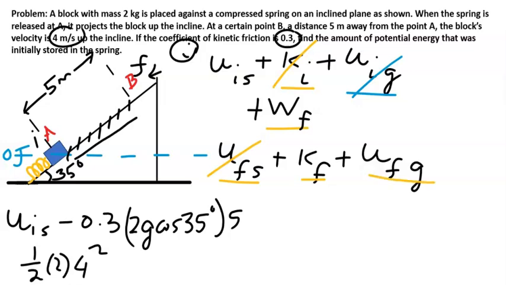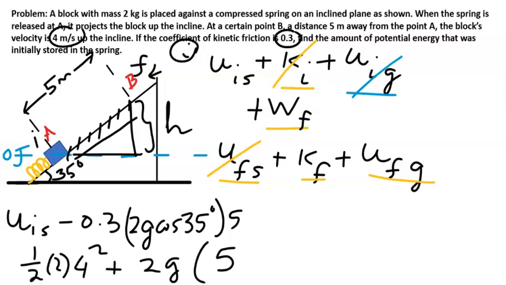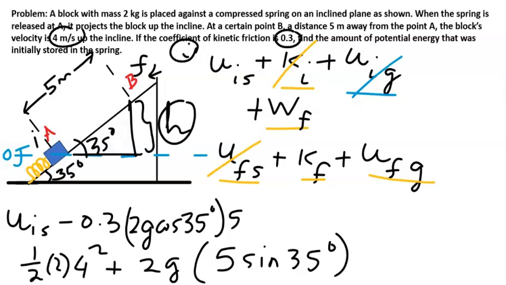Gravitational potential energy at the final point is quite simply the mass times gravity times that height, which is h, and we know from trigonometry it is simply 5 sine 35 degrees. Note that this is 35 degrees, the angle of inclination, so this is quite simply 5 sine 35.